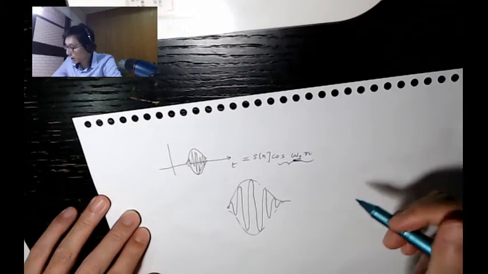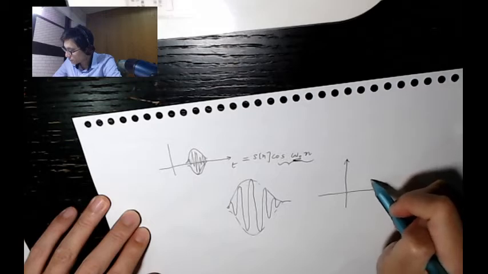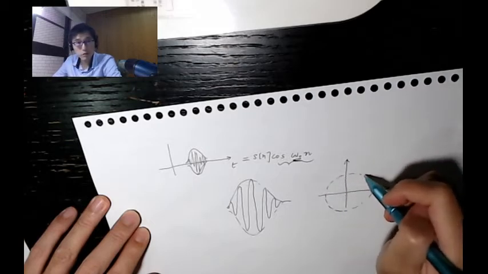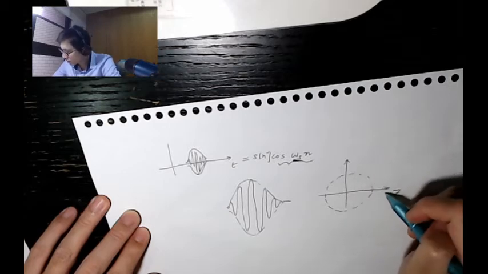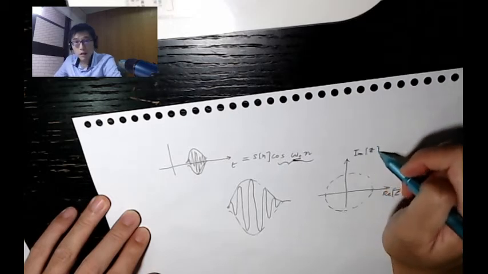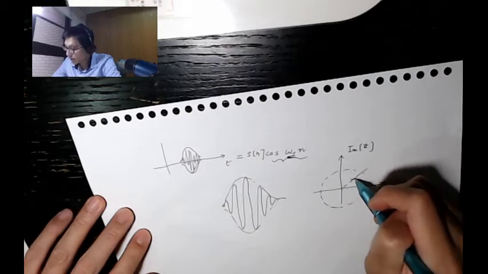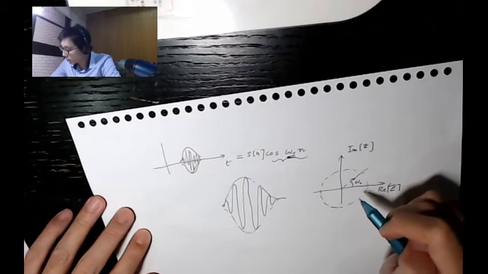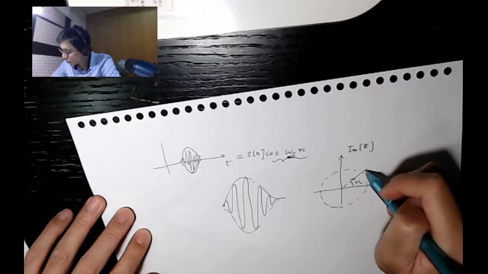Now if your filter has a 0, now we are in the Z domain, and your filter has a 0 at this angle, exactly at the angle omega 0, and let's further assume that the 0 is very close to the unit circle.